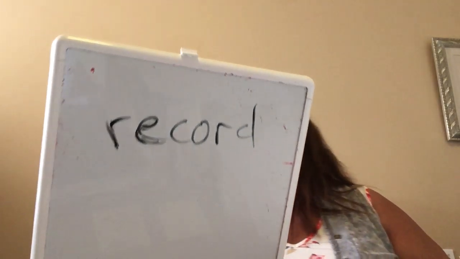We're going to look at the word record. See on your chat screen the word record. I'm going to put it on the whiteboard for the YouTube video. We are going to record our test results.